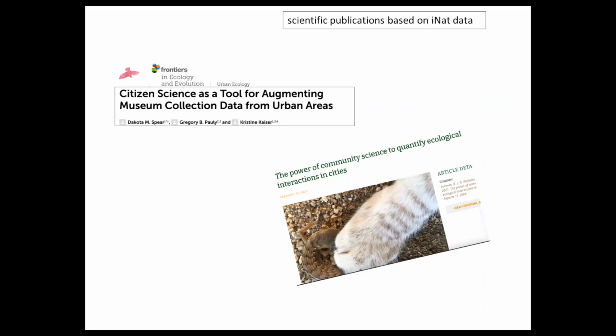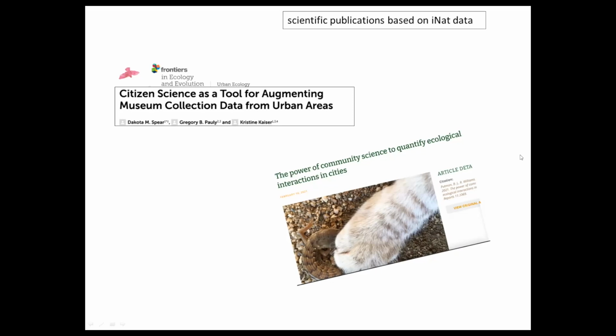But with citizens contributing to this data, it's much easier to get these data and get some meaning from them. There's also a nice description of how citizen science can be combined with already existing museum data to make the database even stronger and more significant.